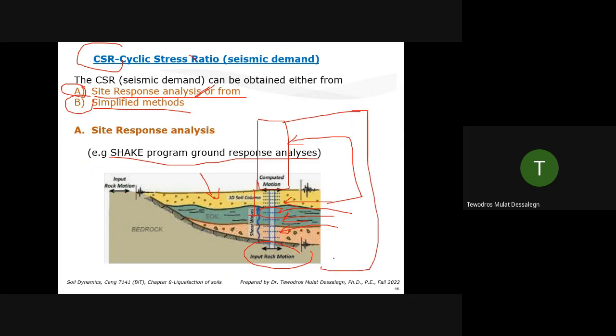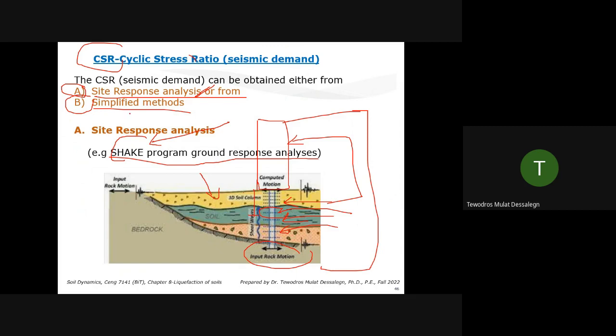That's how it's done these days, using software like Shake or SASI, or even FLAC can do it. In FLAC, usually I think they have both options, strain compatible properties and also constitutive models, real dynamic analysis, but it's so much time taking. So the best way for ground response analysis in Shake is using strain compatible properties or degradation properties. It's so much quicker.